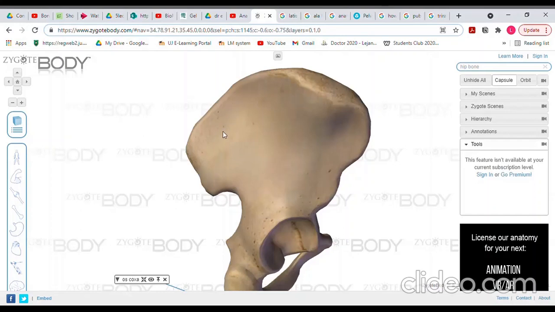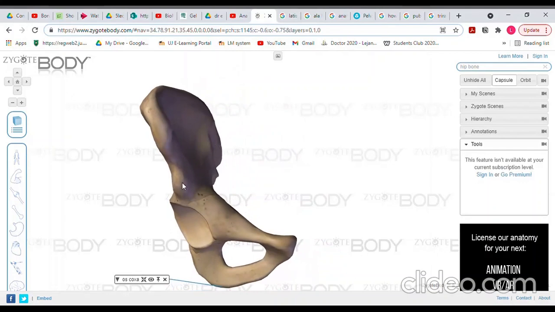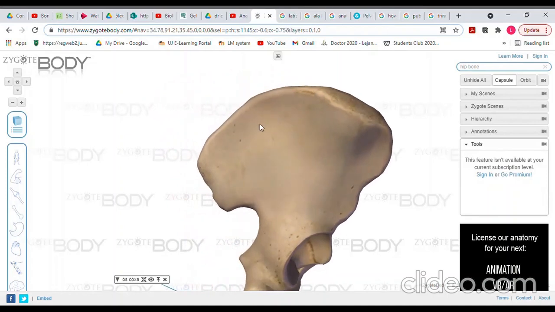Why is it called posterior? Because it is posterior in the anatomical position of the person. If you see the person standing like this, this line will be the most posterior. Okay, so this is the posterior gluteal line. And we also have another line, it goes from this point until this point right here.